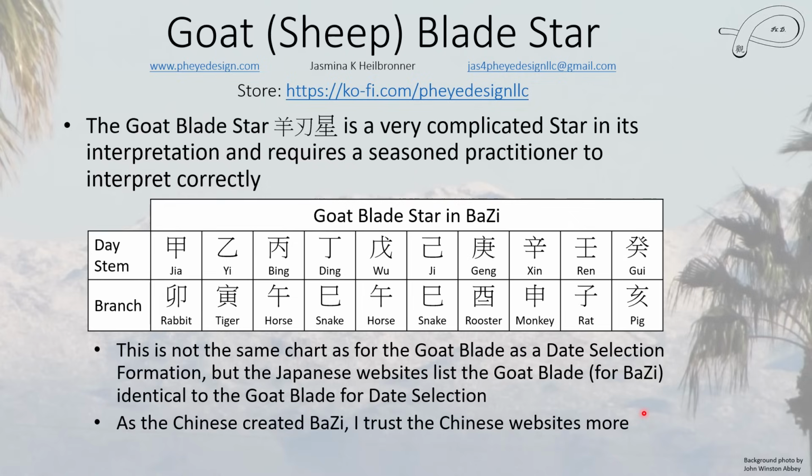And I think that's a valid thing, because you can use it for two different ways. And when I looked at the goat blade for date selection, I used the Chinese language websites. But this must be where the Japanese got mixed up. So that's just the way it is. And maybe they did their own thing and decided it's more valid.